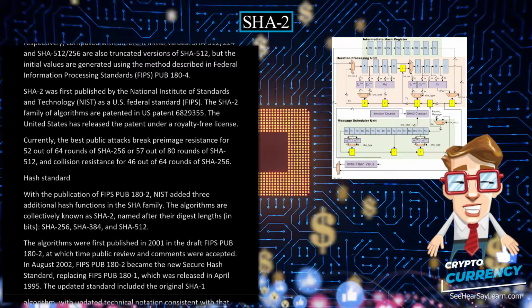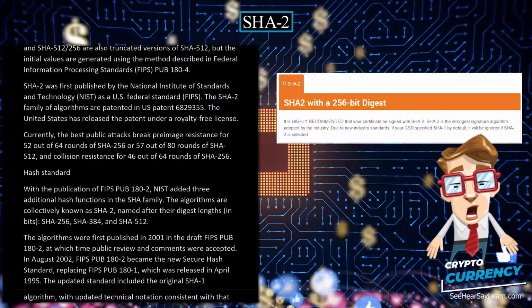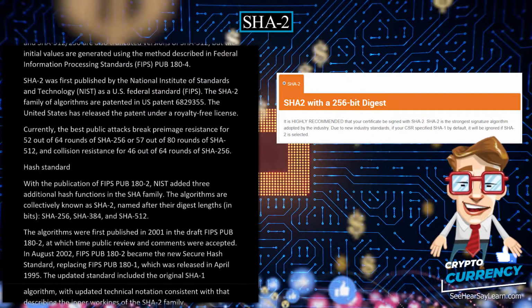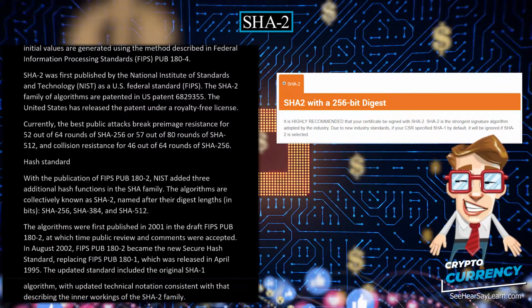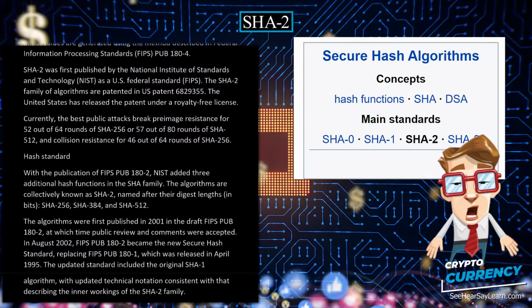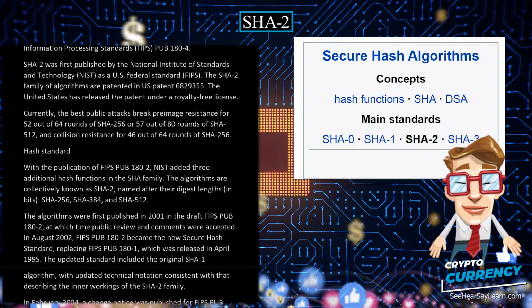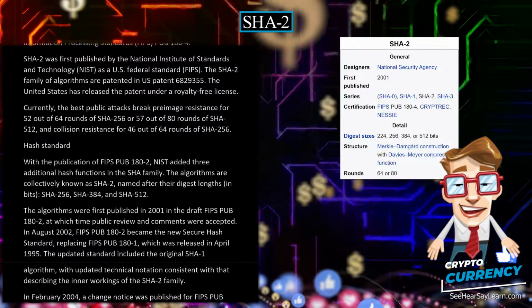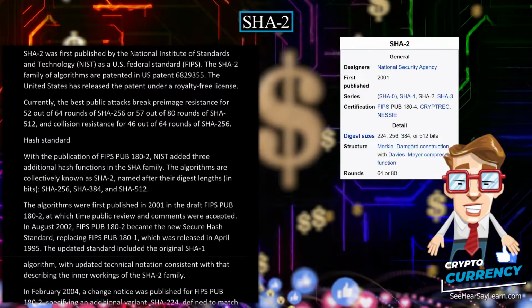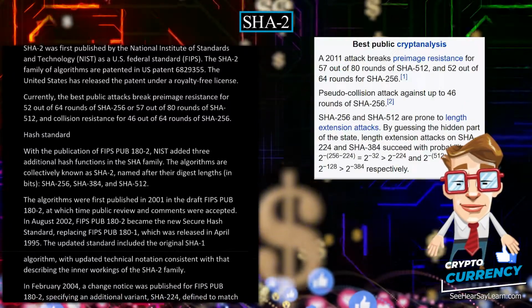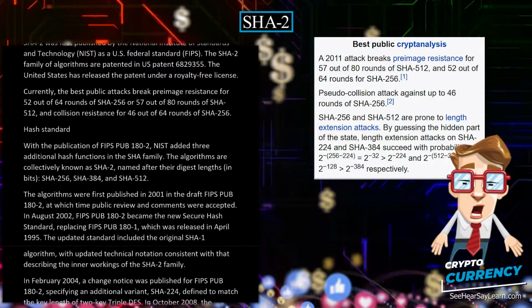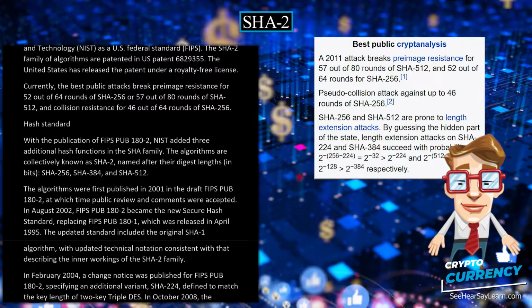SHA-2 was first published by the National Institute of Standards and Technology, NIST, as a U.S. federal standard, FIPS. The SHA-2 family of algorithms are patented in U.S. Patent 6,829,355. The United States has released the patent under a royalty-free license.